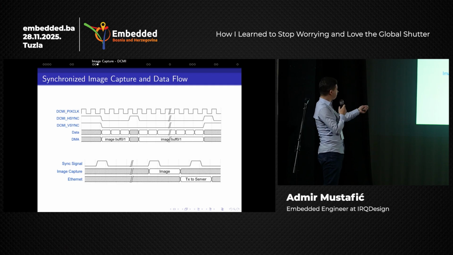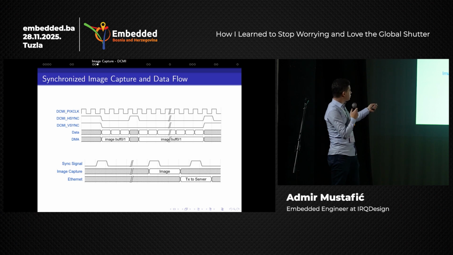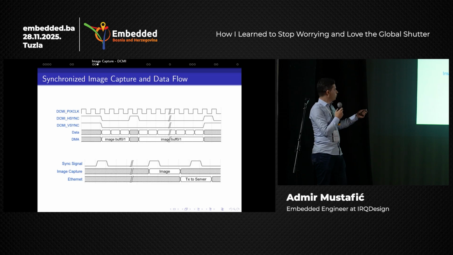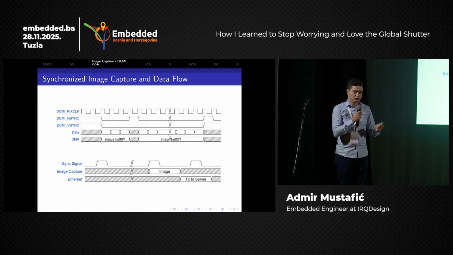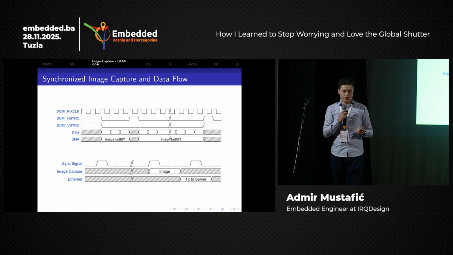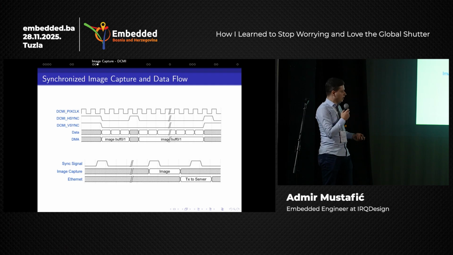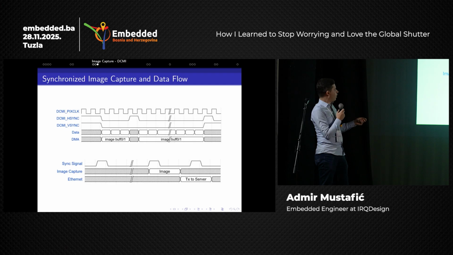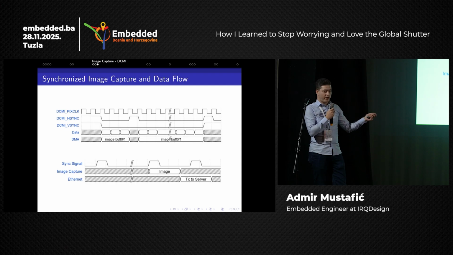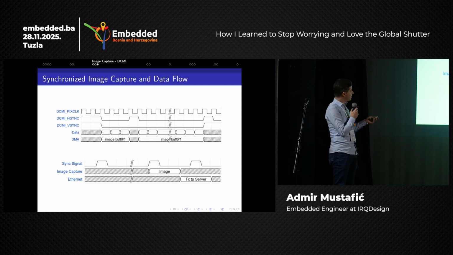And on the next timing diagram, we have the synchronization signal, the mentioned external hardware trigger, which will indicate when to start the capture. So this is the key signal which will indicate when the camera should start processing the image and sending it to the server. Once the image is captured, we can transmit it to the server, and the system is ready to capture another image.